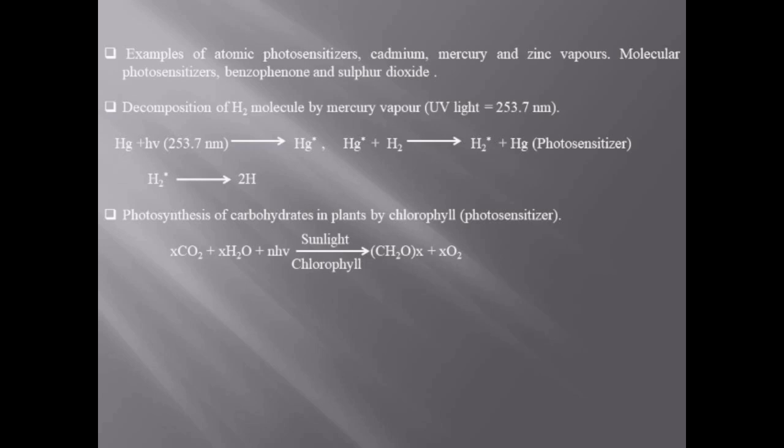Here mercury is the photosensitizer. Similarly, the photosynthesis of carbohydrates in plants by chlorophyll. The photosensitizer is chlorophyll. Carbon dioxide plus water molecule under sunlight and chlorophyll will produce glucose and oxygen molecule.